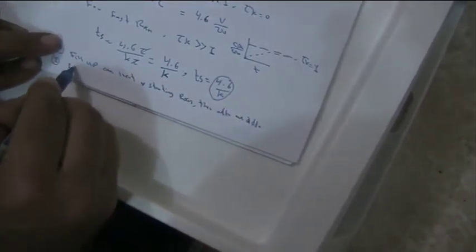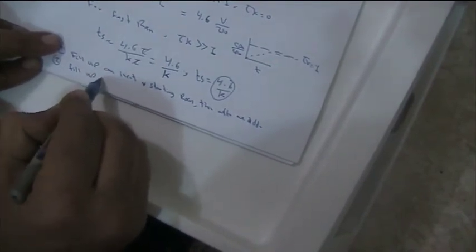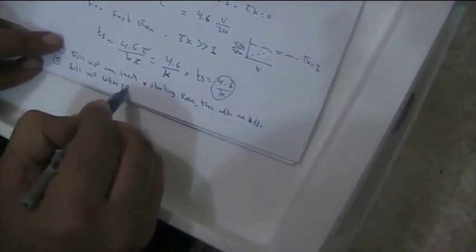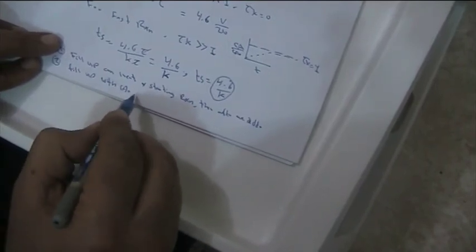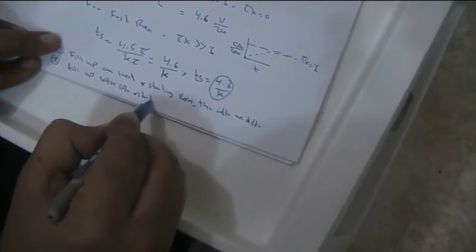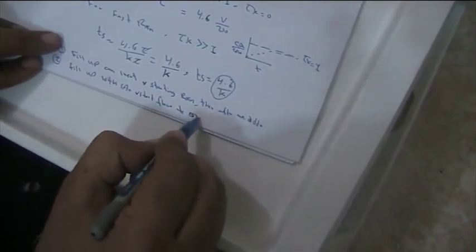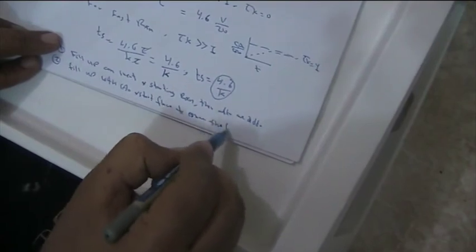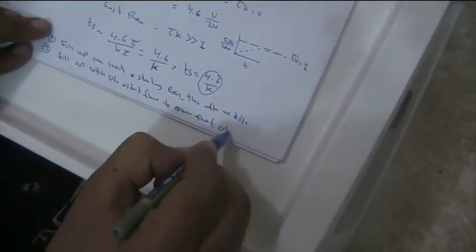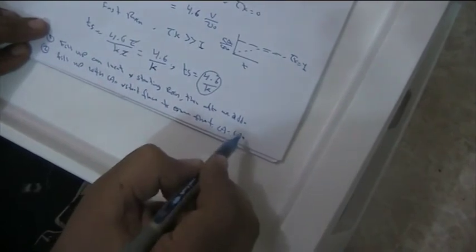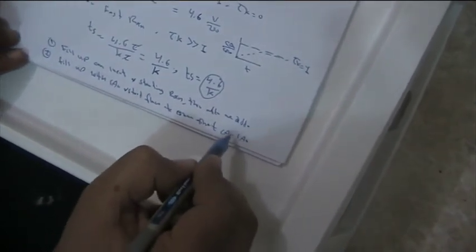The second, we fill up with CA naught only and start flow to ensure that CA exit will equal CA naught till we reach steady state, and then we start our reaction. This is all about the time to reach steady state.